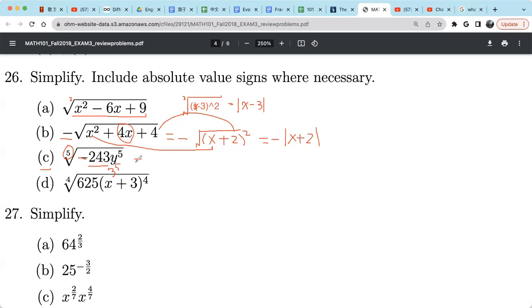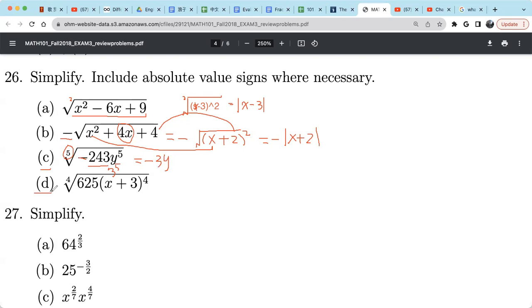So we get negative 3, because with 3 to the 5th and the 5th root, the index and the power are the same, so it becomes 1. We don't write the 1; it's by default. Then y to the fifth, fifth root, 5 over 5 becomes 1, so we just have y. Do we need to force this y to be non-negative? No, because the power is odd and the index is odd. So negative 3y is the answer for C.